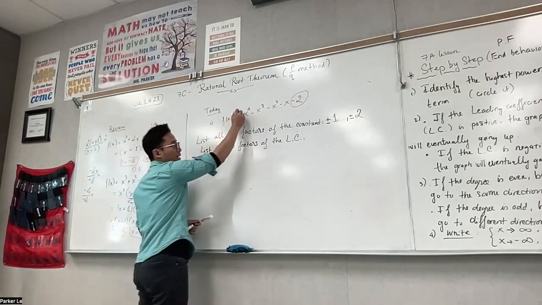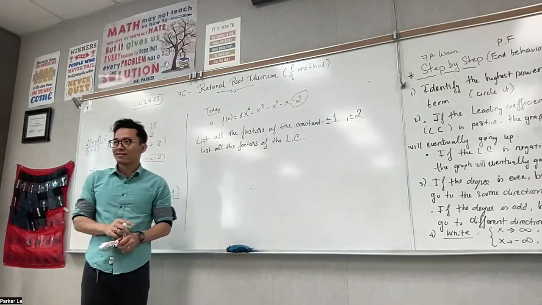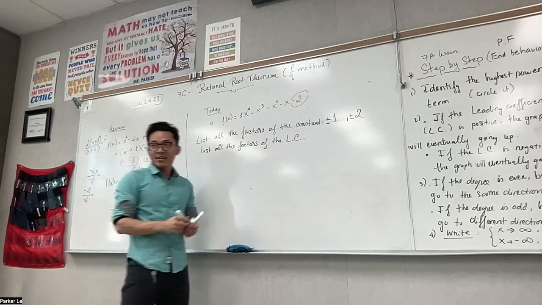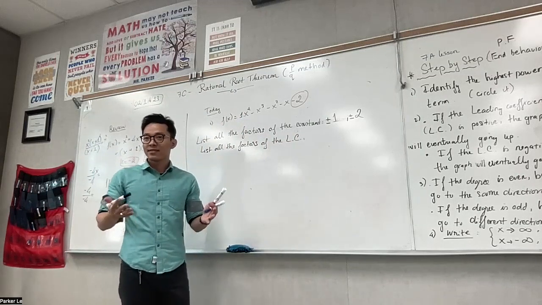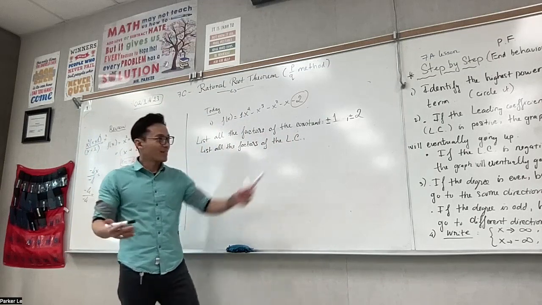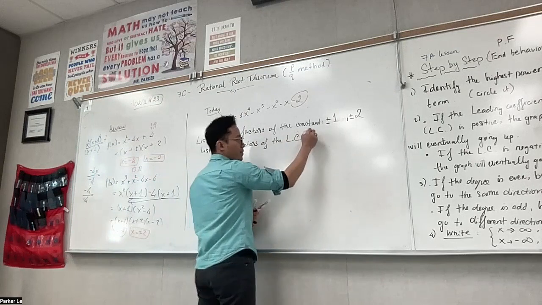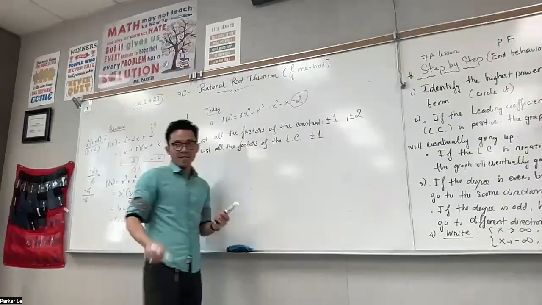There's no number, that means it's an invisible 1. What are the factors of 1? 1 and -1. Wow. Plus minus 1.